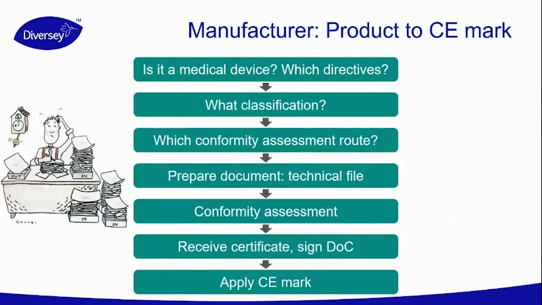Then we need to prepare all the required technical files and the conformity assessment, and then of course we need to receive a certificate if everything is in order. The regulatory affairs director is able to sign the declaration of conformity, and then we are allowed to have the CE mark on our label.